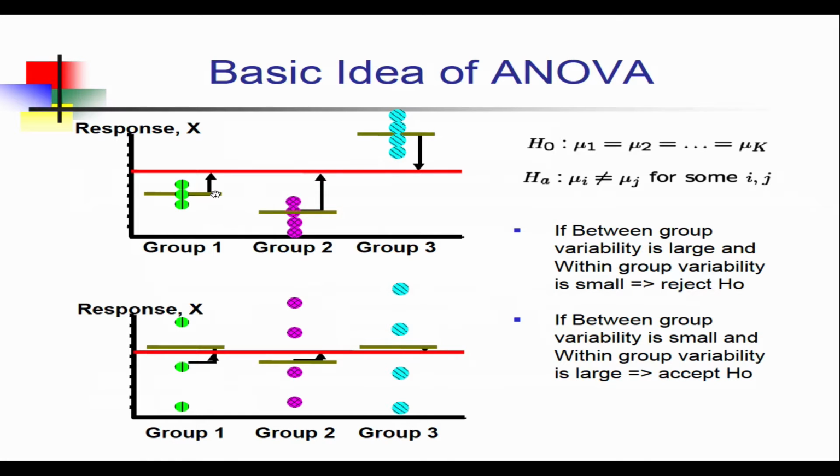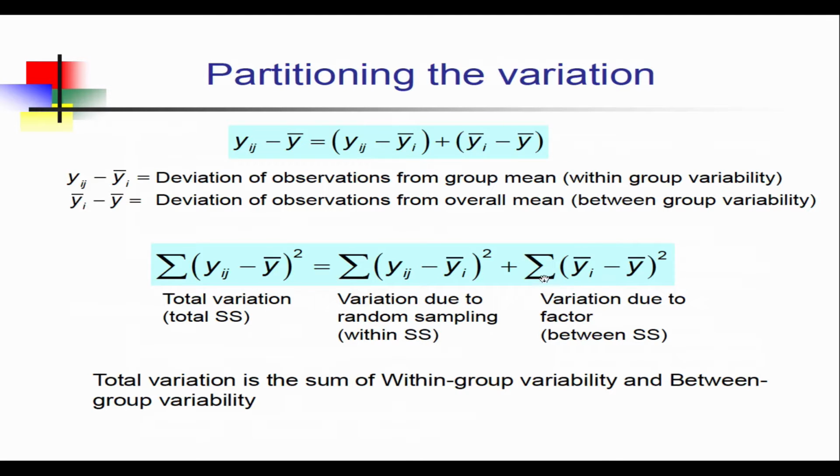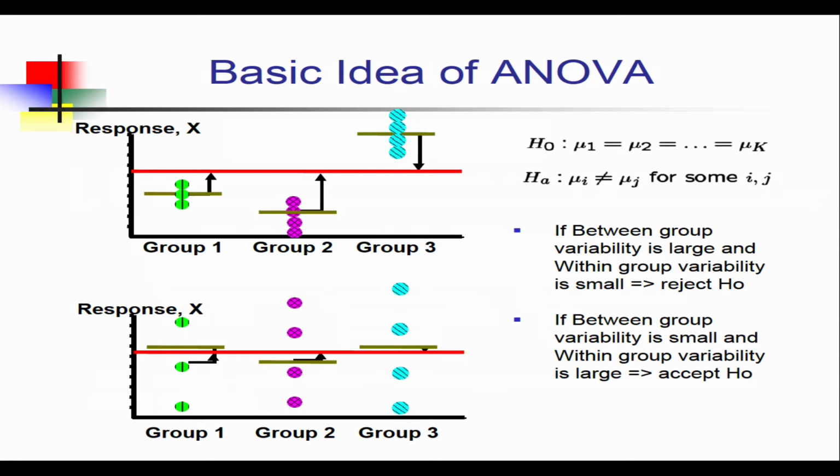Then you look at the between group variation. Those three group means, compared to Y bar, the overall mean, have large variability. This is indicated by this quantity being large. So whenever the between group variability is large and the within group variability is small, we reject the null hypothesis, because that indicates at least one group mean is different from the others.